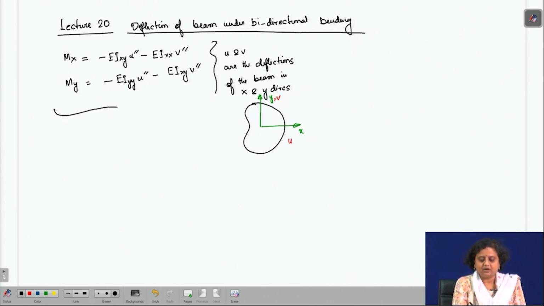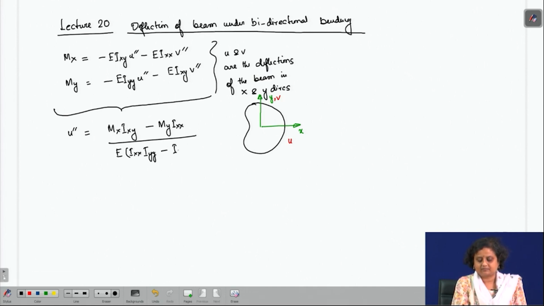Now, from these two expressions, instead of writing Mx and My in terms of u double dash and v double dash, we can write u double dash as follows.